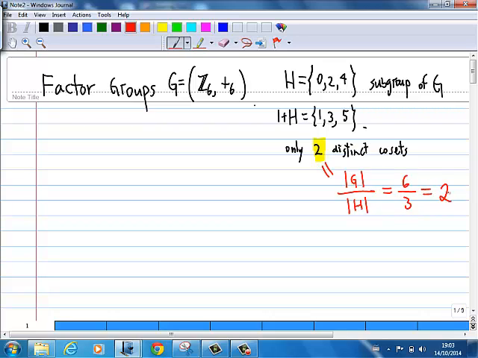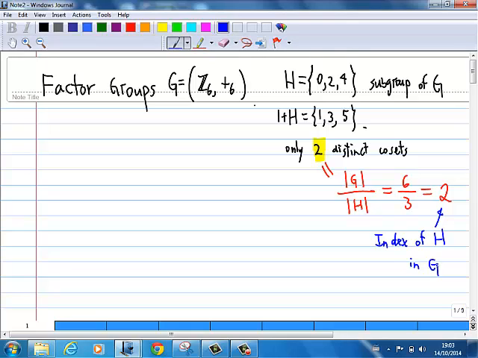That's why you can have 2 distinct cosets. And what would you call this number 2 here? This number 2 is called the index of H in G. Just a little bit of revision. We have this covered last week.